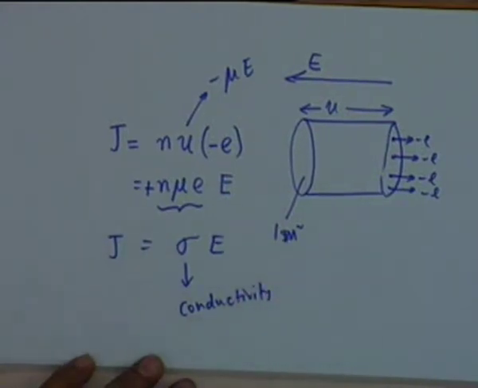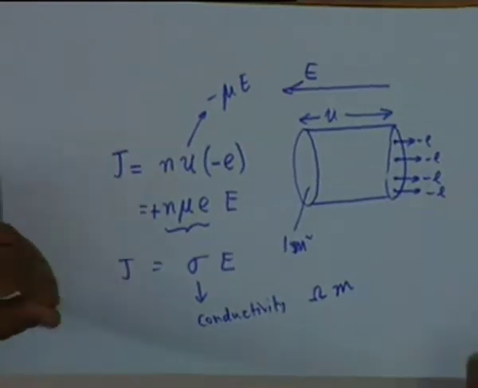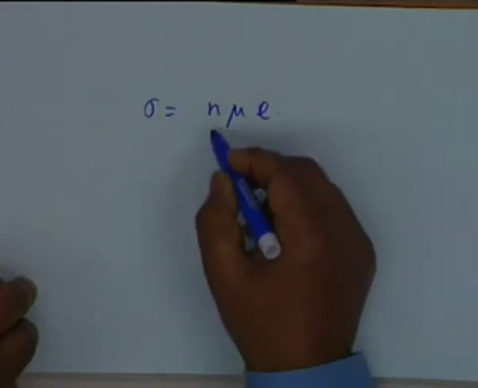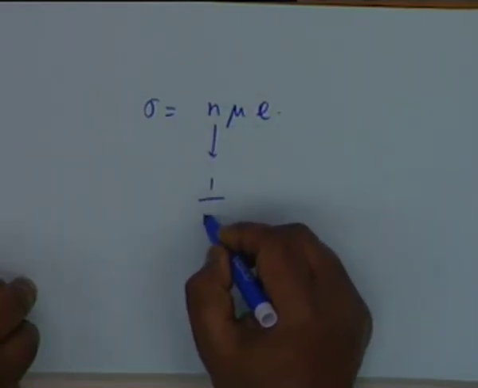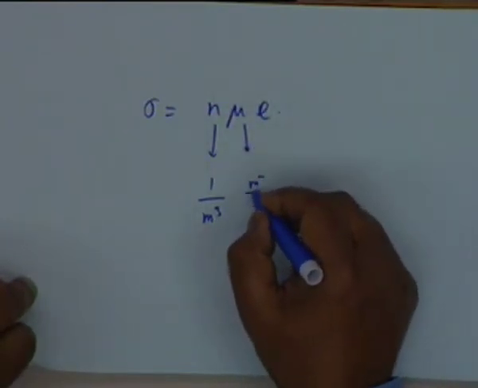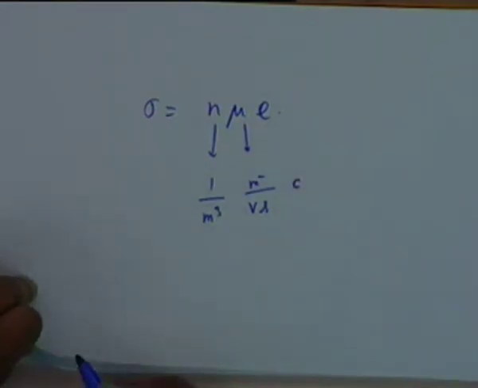The unit of sigma, if you take the units of n, mu and e, you can see that this will be mho. What is the unit of sigma? Mho meter, all right. Why not? Let's look at this. It is very important to understand this. N is per meter cubed, so 1 by meter cubed, number per meter cubed. Mu is meter squared divided by volt second, and e is charge, therefore it is in coulombs, all right.